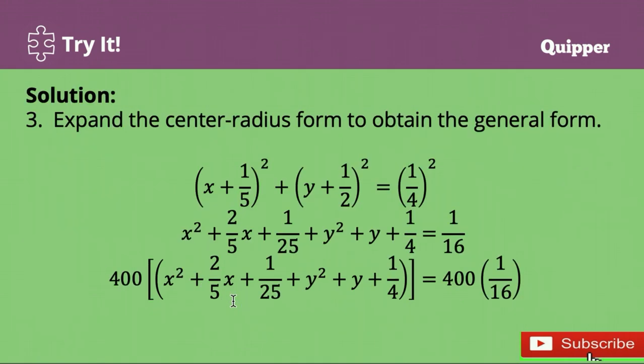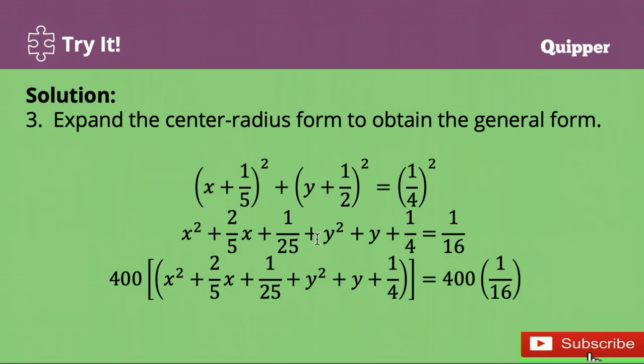Third, expand the center radius form to obtain the general form. You know already how to expand the binomial because I gave it already, the steps. The expansion of (x + 1/5)² is x² + 2/5 x + 1/25.